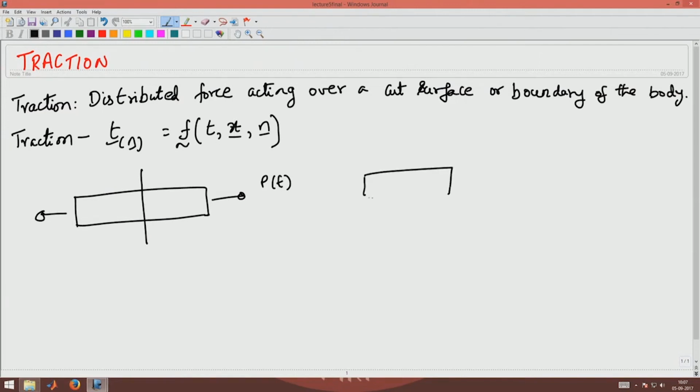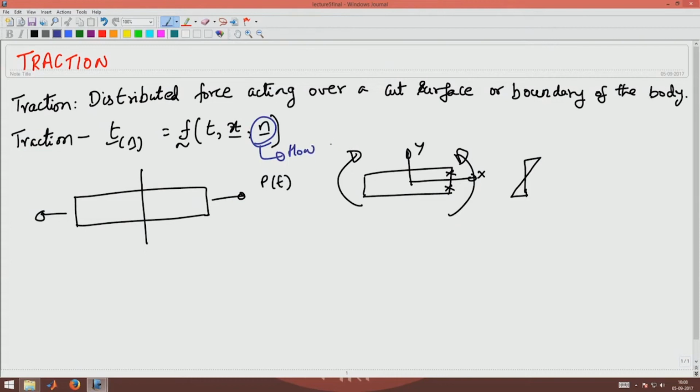If I take a bar and subject it to a bending moment, the stresses cannot be uniform because it should produce a moment about the centroidal axis x and y, and hence the stress distribution will be non-uniform, which means it will depend upon the location, whether you are looking at this point or this point. The traction will vary depending upon the location of the point at which you are looking to find the traction. This dependence on the normal is something you have to understand. How does it depend?